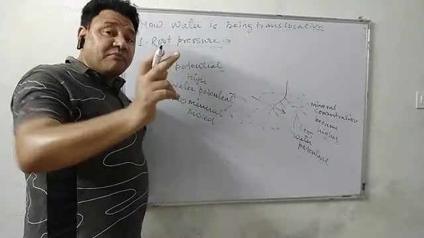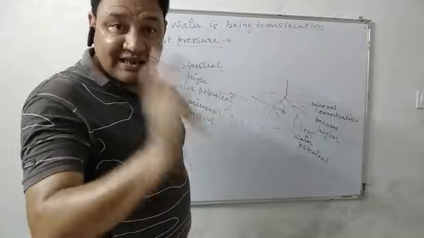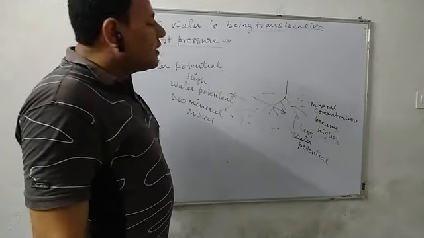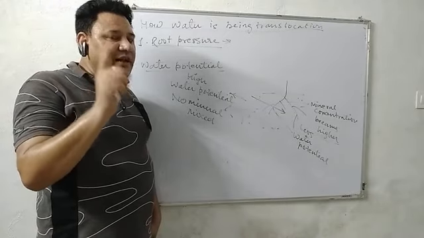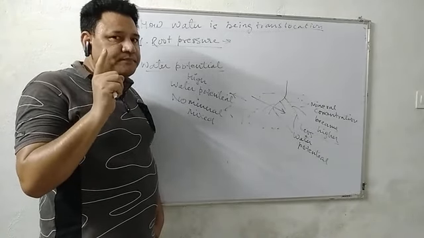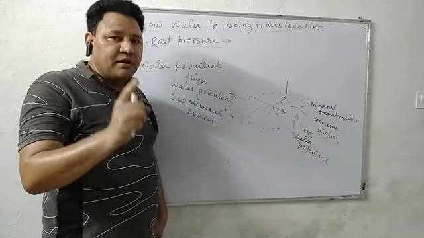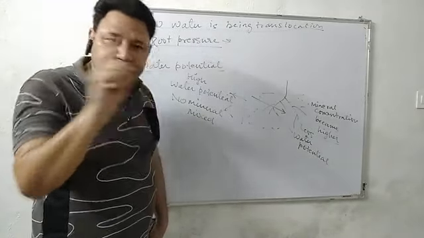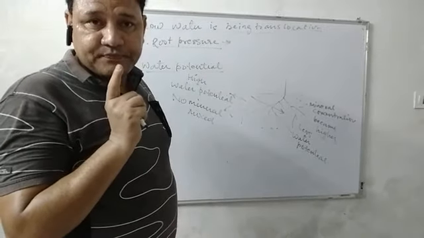And that is one of the most important things that you never miss: root pressure is always developing in the xylem, not in the phloem. You always remember this. This is very important.